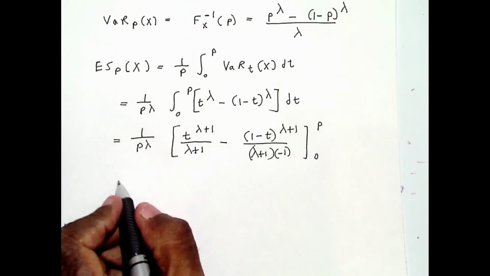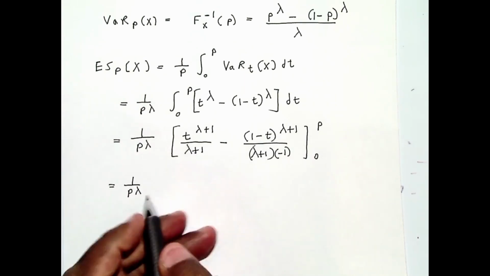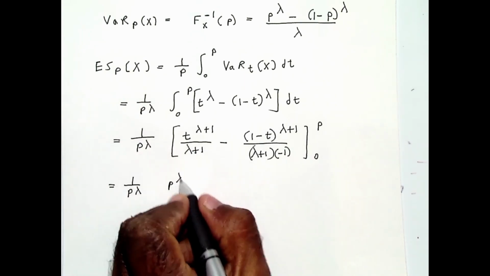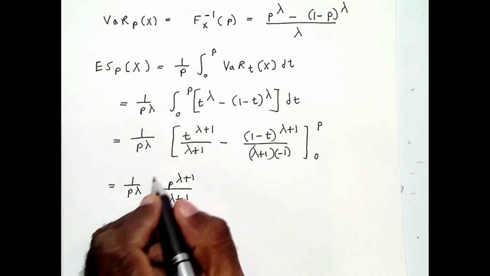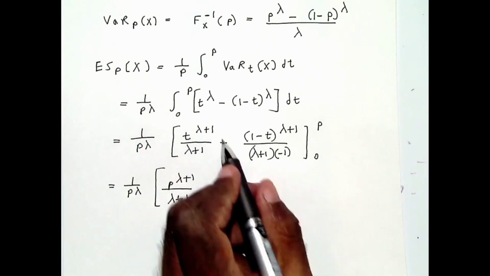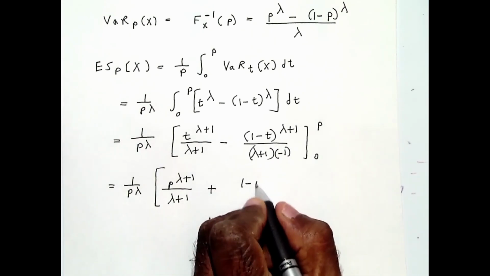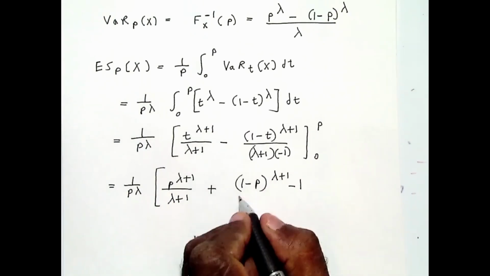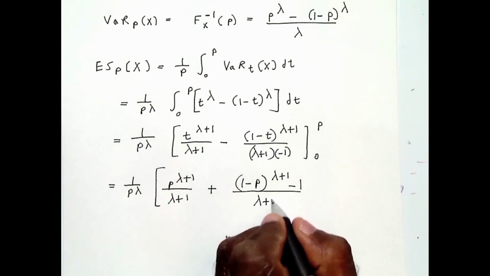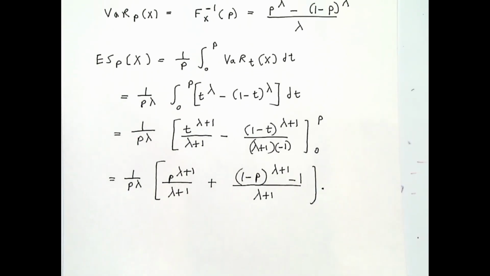Taking the limits, at p is p power lambda plus 1, at 0 is 0. Minus minus is plus, so at p you get this, at 0 is 1. So this is the answer for expected shortfall for part 11.